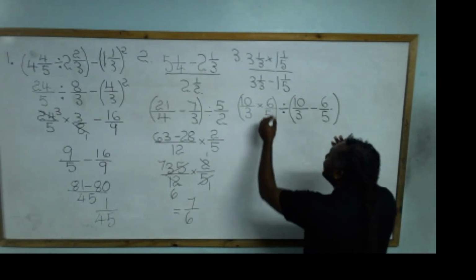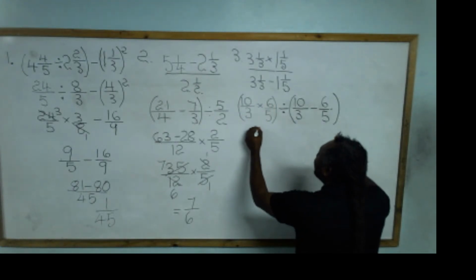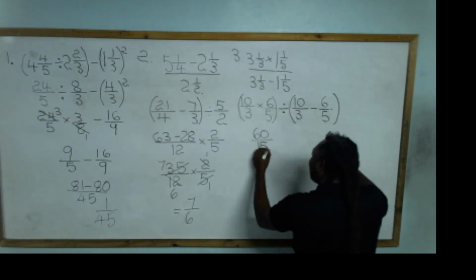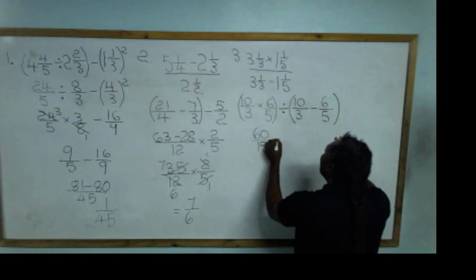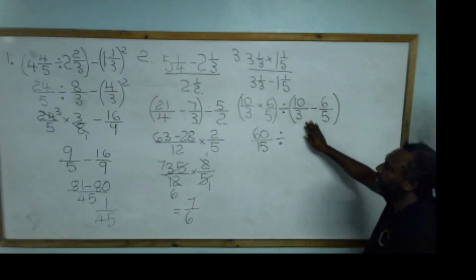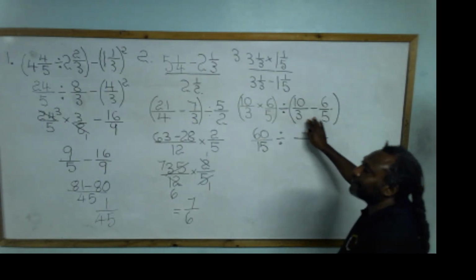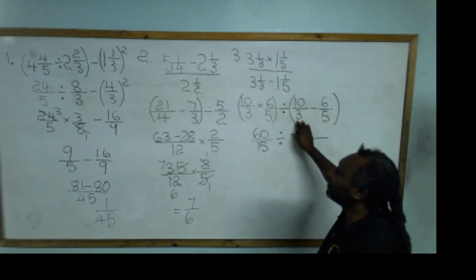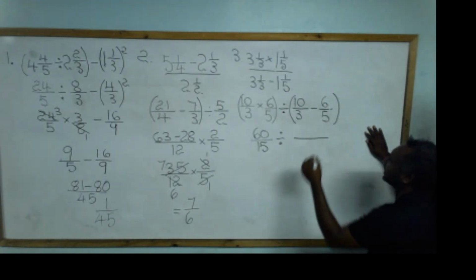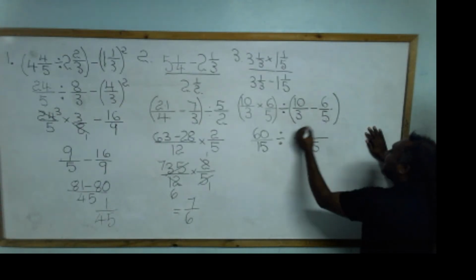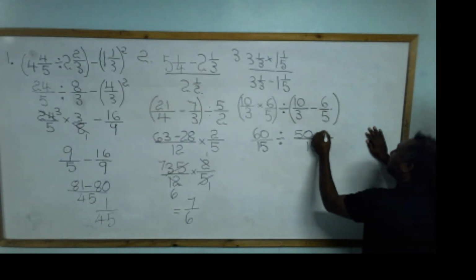So I'm going to write it. 6 tenths, 60 over 15, which is still 4. And then we're going to divide that by, of course, you know what we're going to do here. They do not have any common prime factors in the denominator, so we say what? 3 times 5, 15. 10 times 5, 50. 3 times 6 will give us 18.